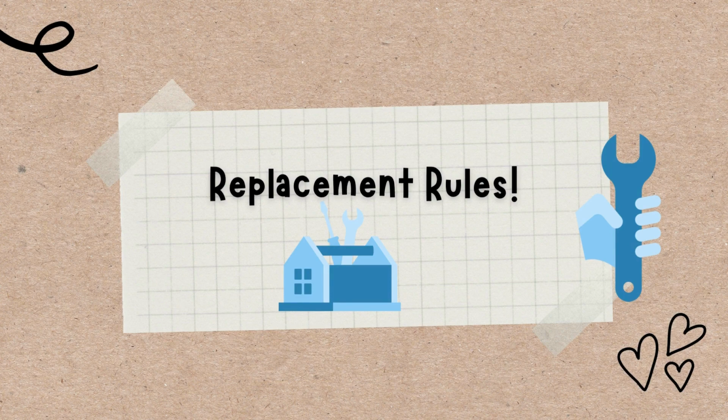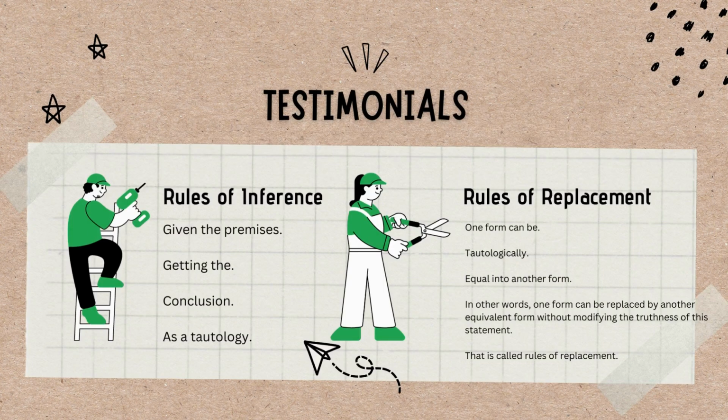We will combine all the rules studied so far, the rules of inference and the replacement rules, to solve problems without a truth table to prove whether the given argument is valid or invalid. In the next session, let's see how to solve problems using the rules of replacement.